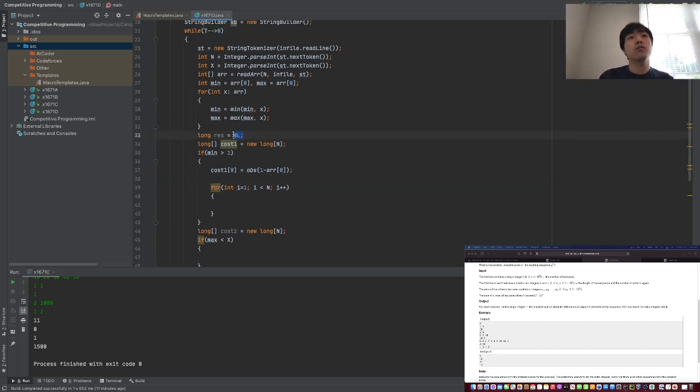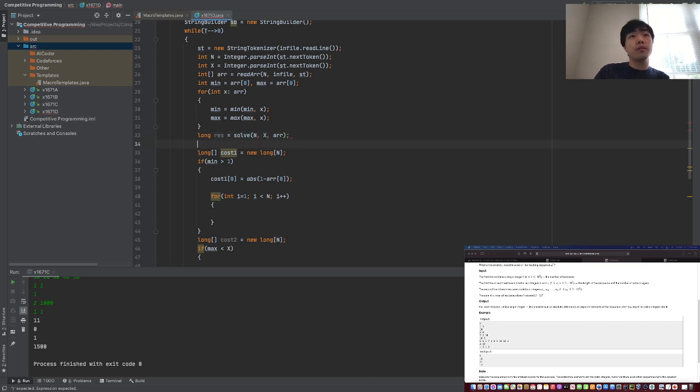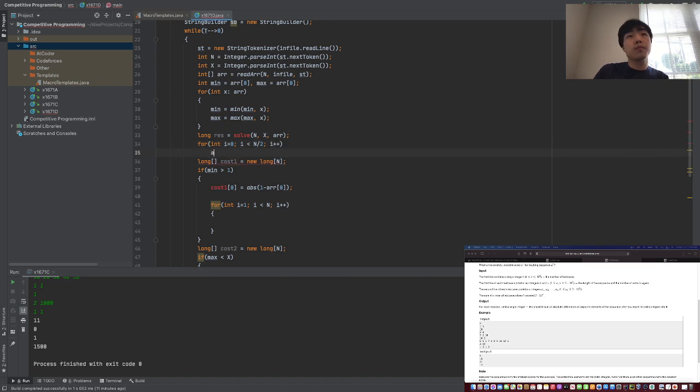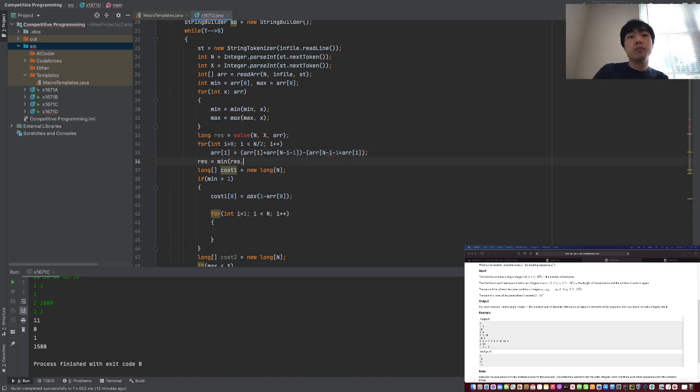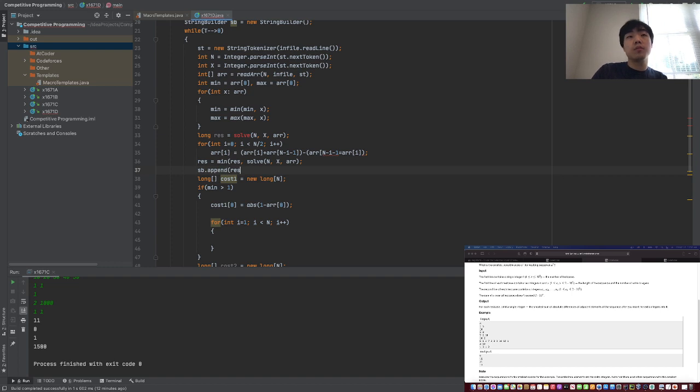I guess I could just do min is equal to solve n x array, and then just do something like this.